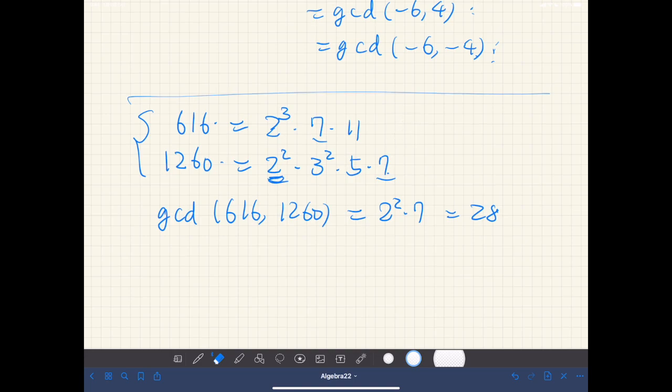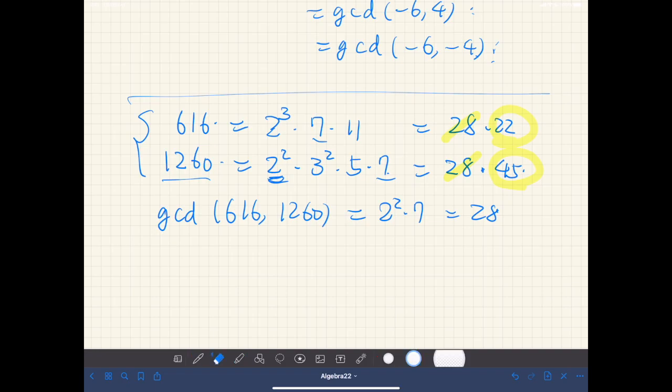616 can be written as 28 times 22. And 1260 can be factorized as 28 times 45. So this 28 is the greatest common divisor. And what about these factors, 22 and 45?